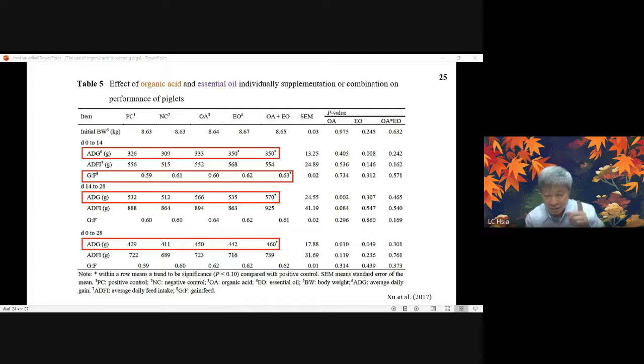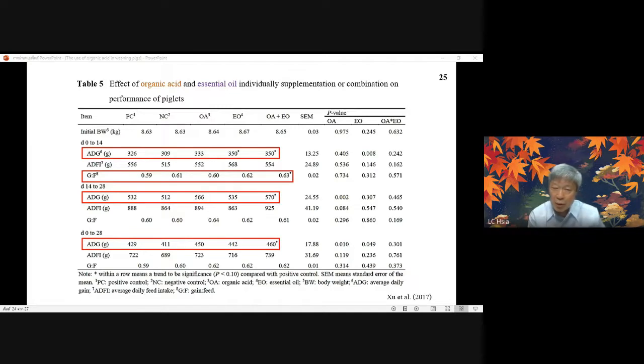If you want to compare with antibiotic, you can have a positive control. If you don't want to compare with antibiotic, you just want to see whether organic acid or essential oil is better than the control group, then you can use this kind of design.